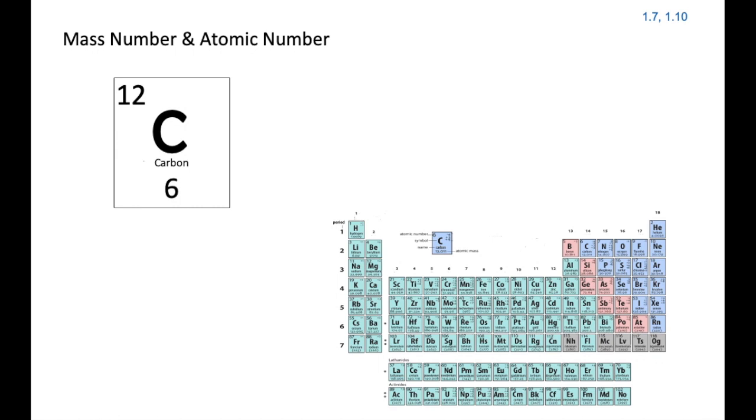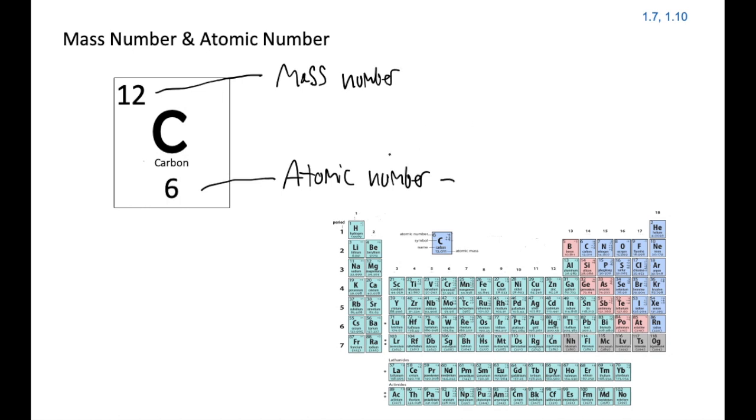There are nuclear symbols for the many different atoms that exist. This one's for carbon, and these symbols give us some important information regarding an atom, such as the chemical symbol, the name of the atom, and two important numbers. The first one, which is seen at the bottom of the nuclear symbol usually, is the atomic number, and the other number is known as the mass number.